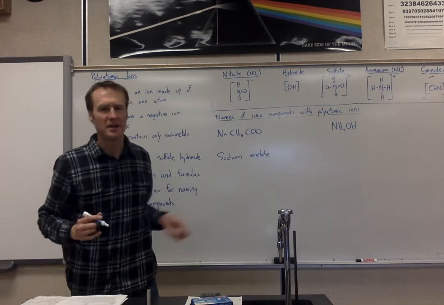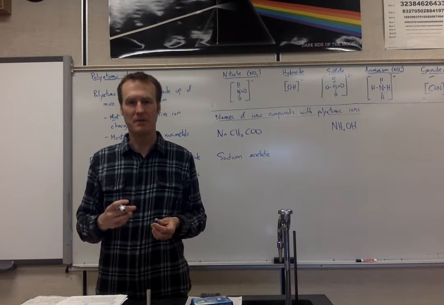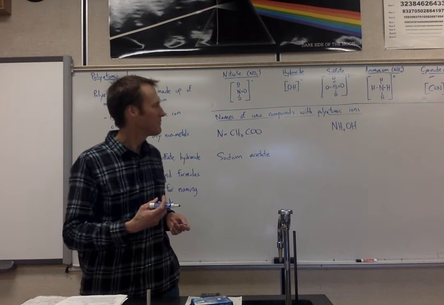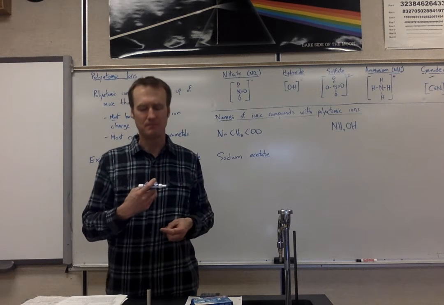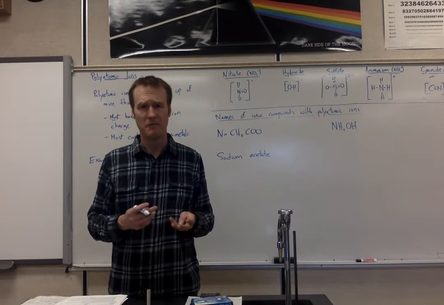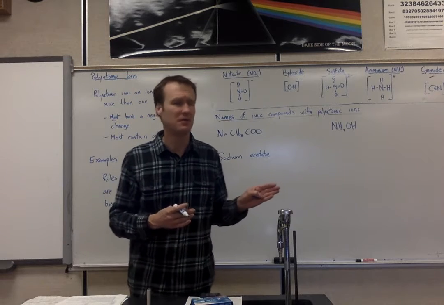But how about this one, NH4OH? Where's the metal? There's no metal. This is one of those examples where you have a polyatomic ion that's positive. For high school chemistry, most of your polyatomic ions are negative. Here's an exception.